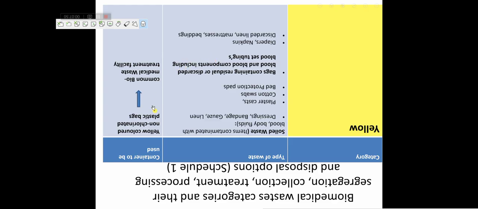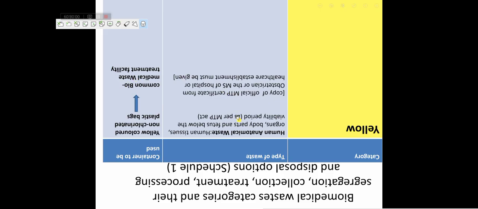So the container to be used is yellow colored non-chlorinated plastic bags, and it will be given to the common biomedical waste treatment facility, right? Now in the yellow bag, there will also be human anatomical waste like human tissues, organs, body parts, fetus below the viability period as in MTP, right?